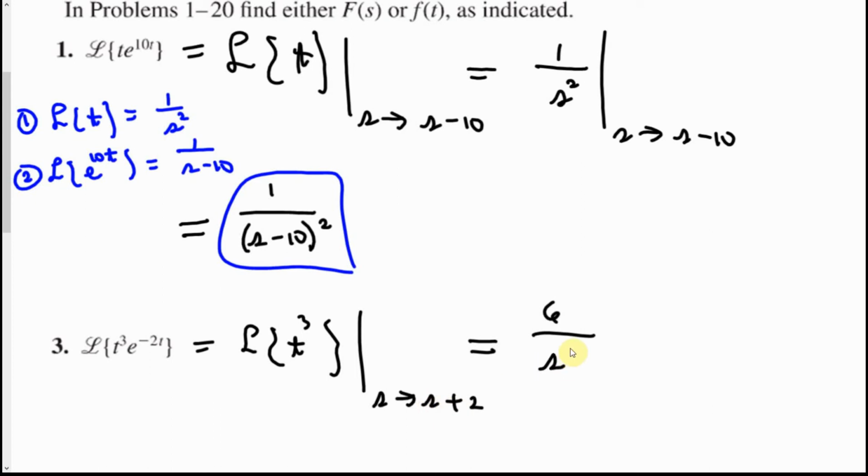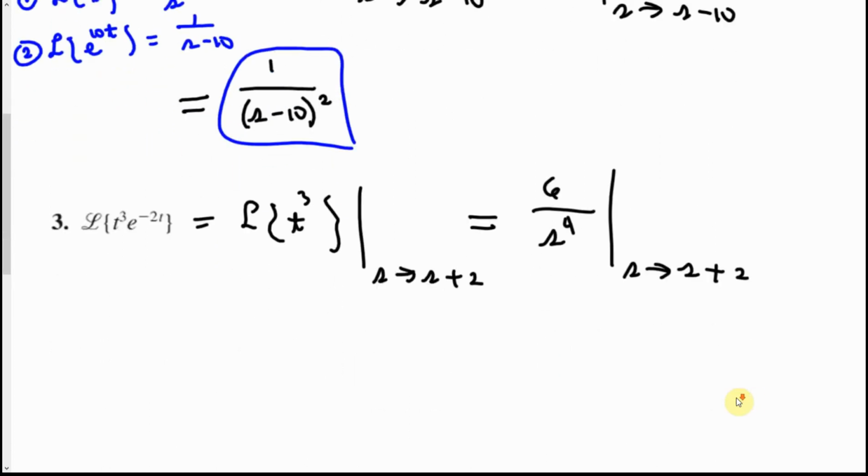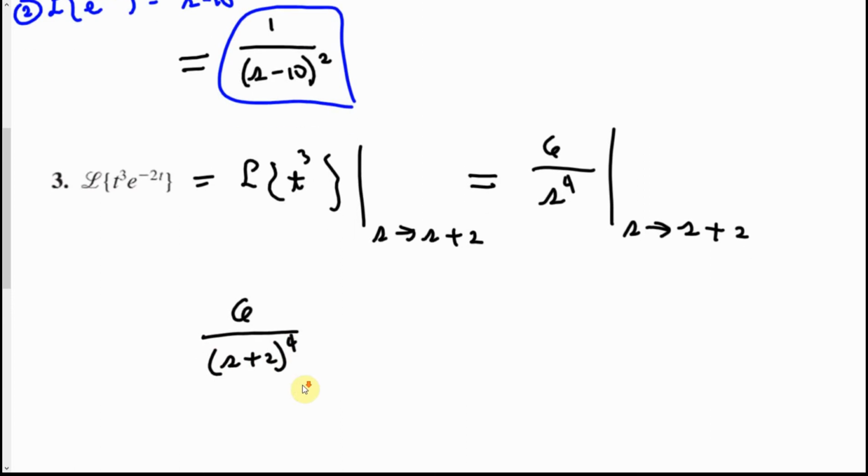I'm just going to write this, and then, hereafter, I think you get it. So replace the s with s plus 2. So we get here 6 all over s plus 2 to the 4th power.